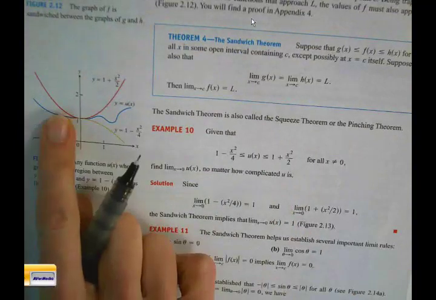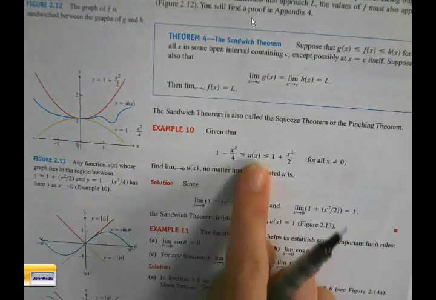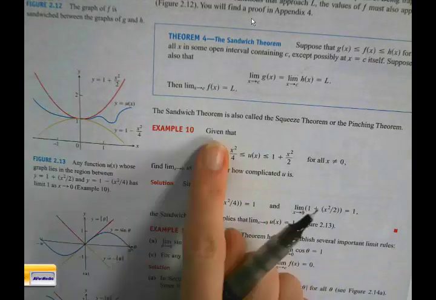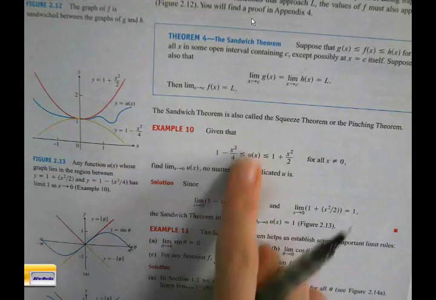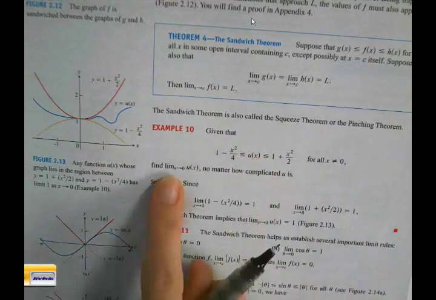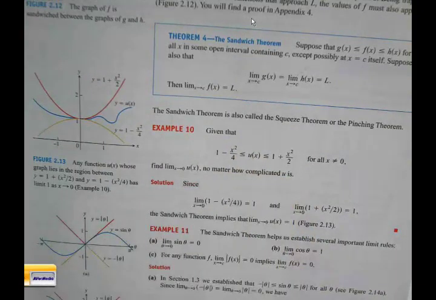This red graph is the 1 plus x squared over 2, and the yellow graph is the 1 minus x squared over 4. So they're saying u of x is between them. This is given to you. Okay, you're given that you have some function falling between these two. Find the limit as x is approaching 0, no matter how complicated u is, no matter how ugly this function in the middle is. So how do they do this?